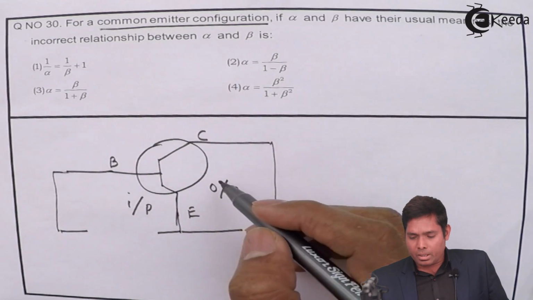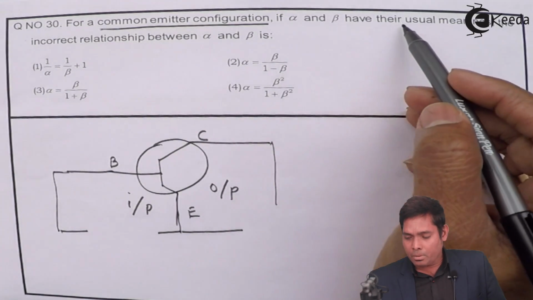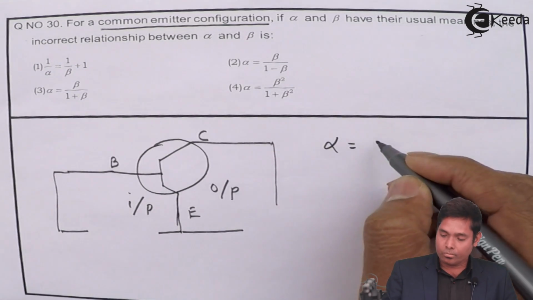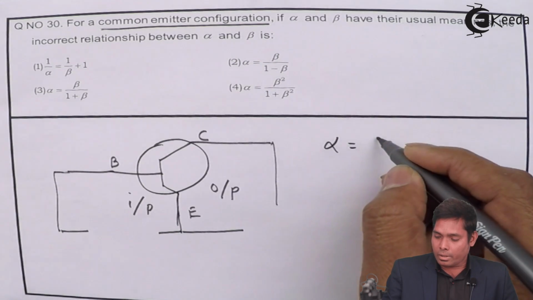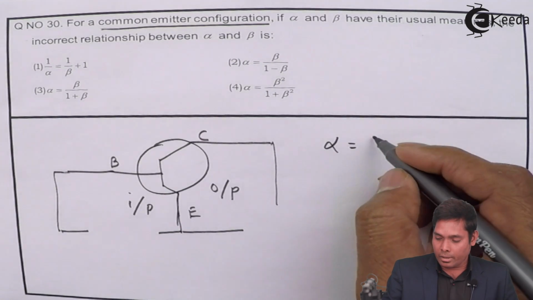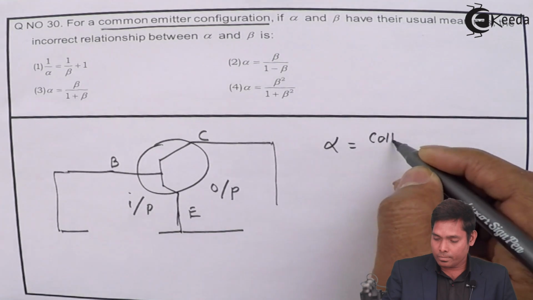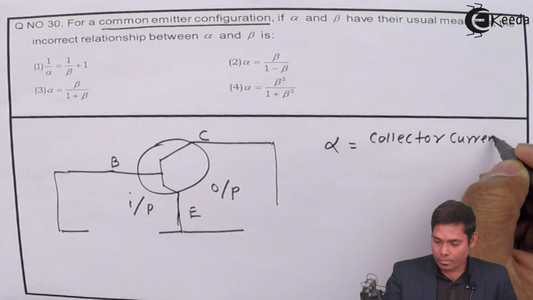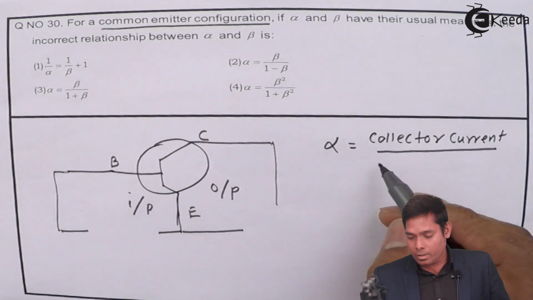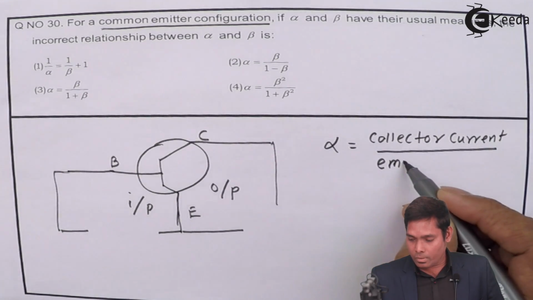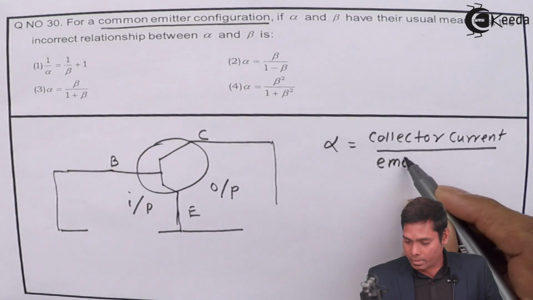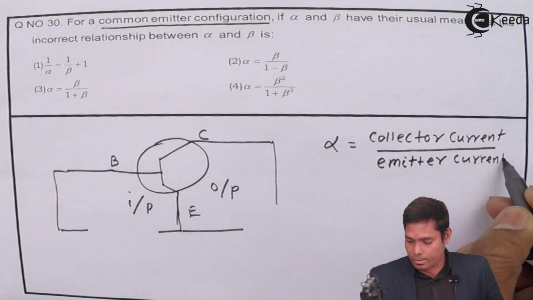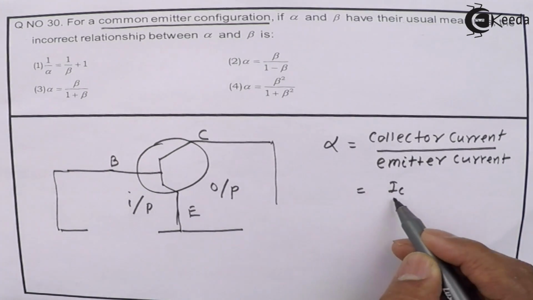So in common emitter configuration, alpha and beta have their usual meanings. We know that alpha is defined as the collector current divided by the emitter current, that is IC over IE.